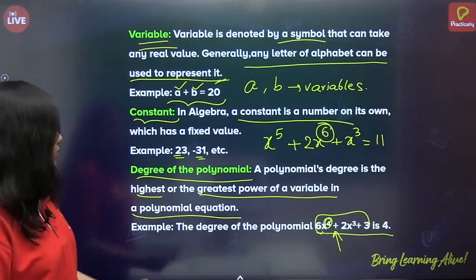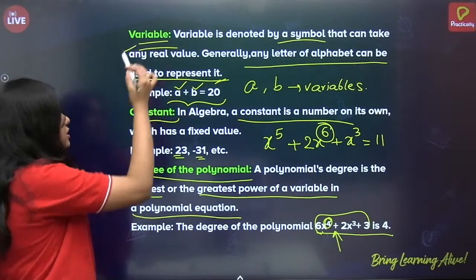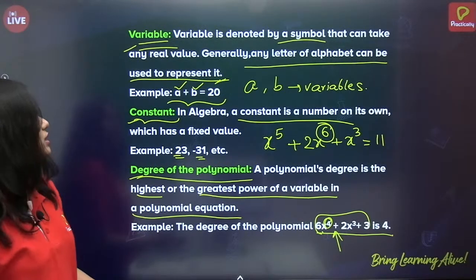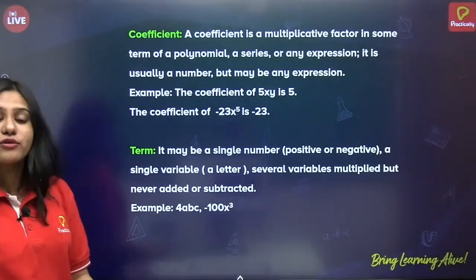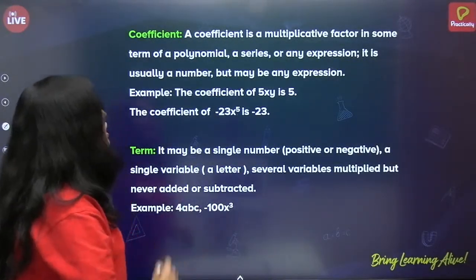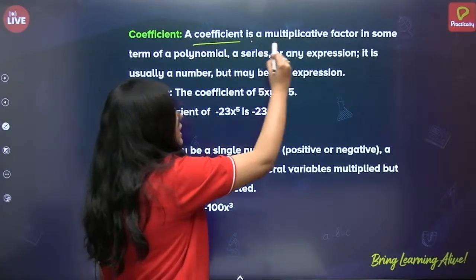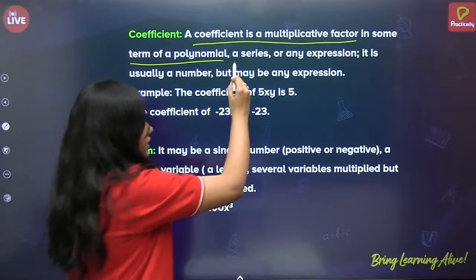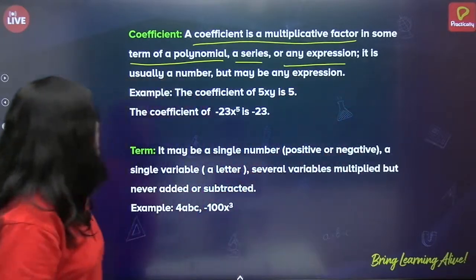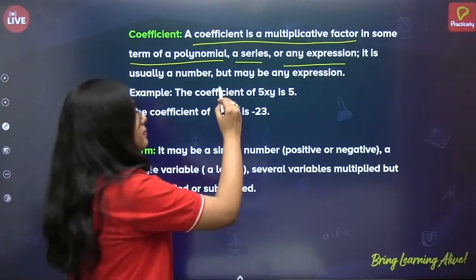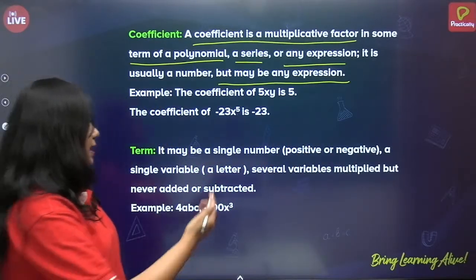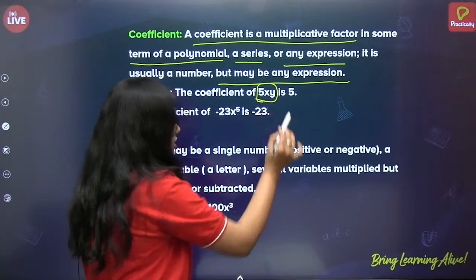Next. So we have seen what is the variable, what is the constant, and also what is the degree of the polynomial. Next, let us see what is coefficient and what is the term. A coefficient is the multiplicative factor in some term of a polynomial, a series, or any expression. It is usually a number but may be any expression. So again, let me take an example here. I have taken 5xy.